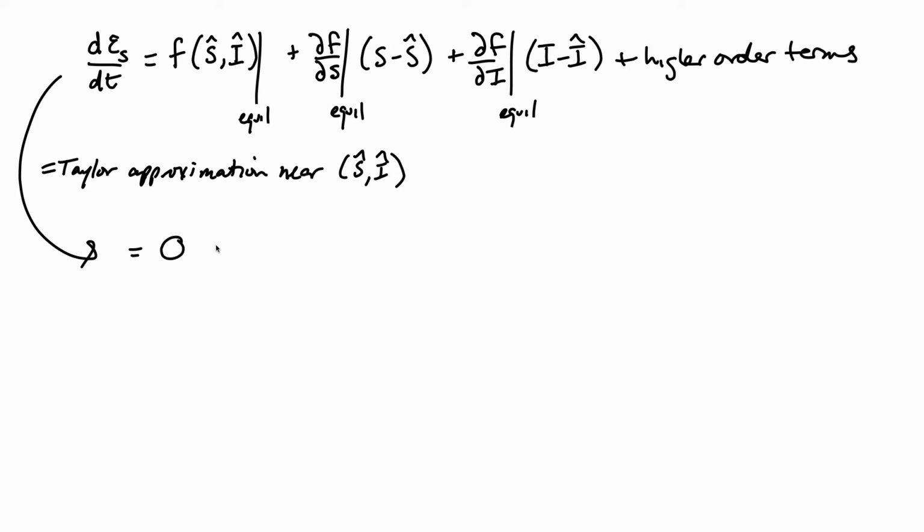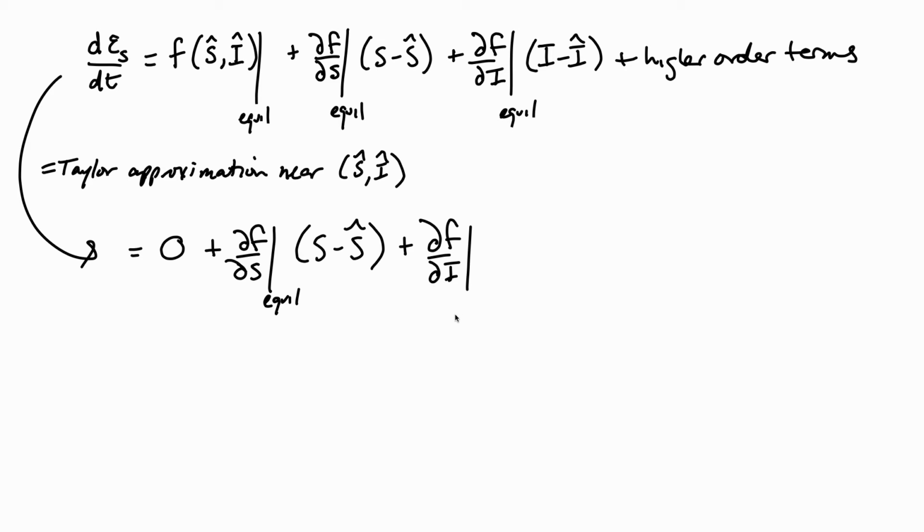This is going to be equal to 0 plus these partial derivatives at the equilibrium point times s minus s hat, plus the partial derivative with respect to I at the equilibrium point times I minus I hat, plus stuff we're going to ignore. That's a linear approximation, so we just get rid of that.